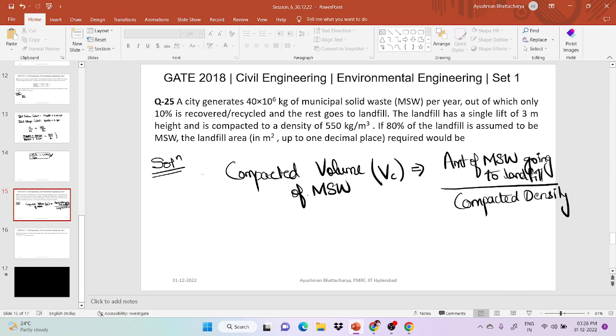Like, compacted density is equal to mass by volume. Since I need to write volume, I just move compacted density to the denominator. Okay.